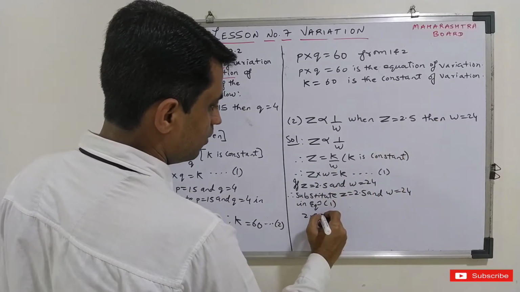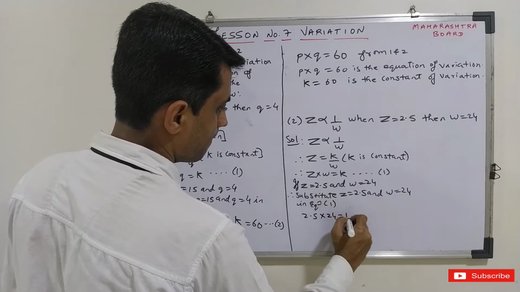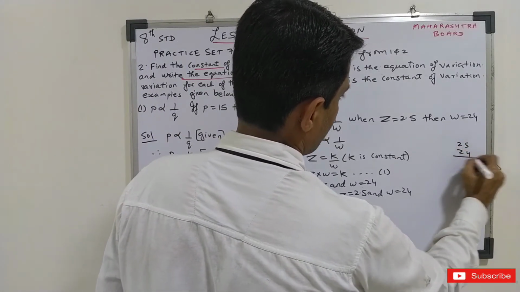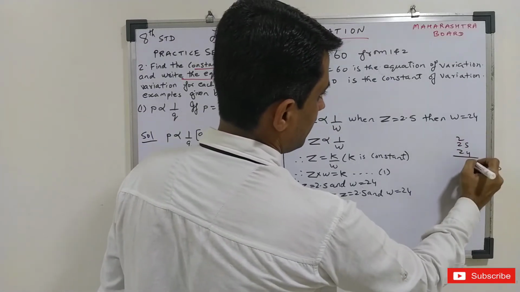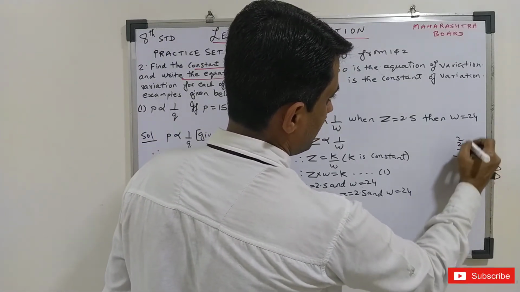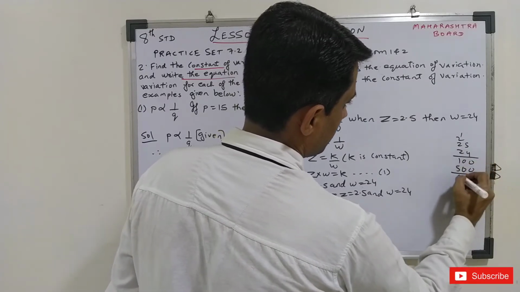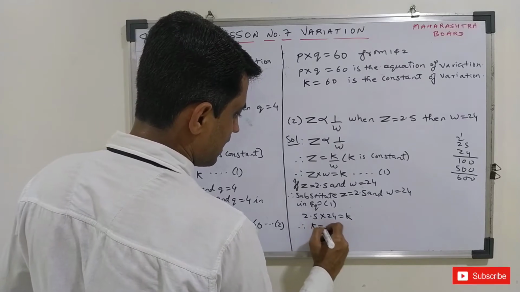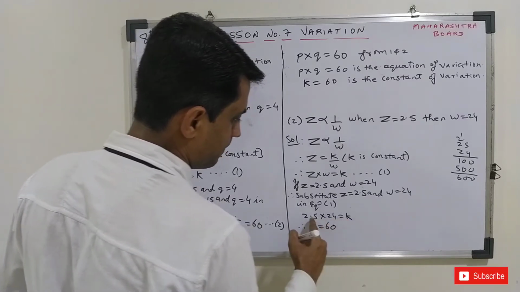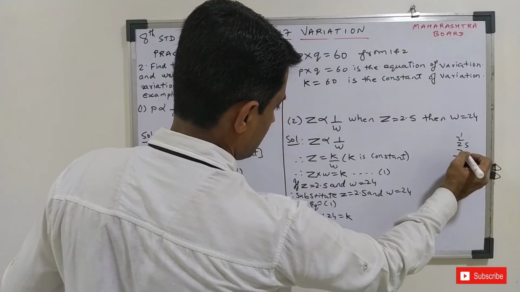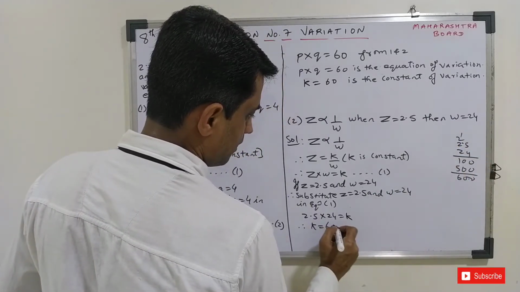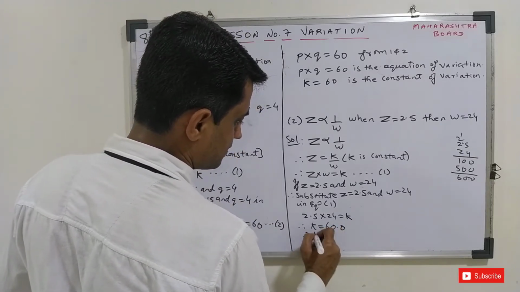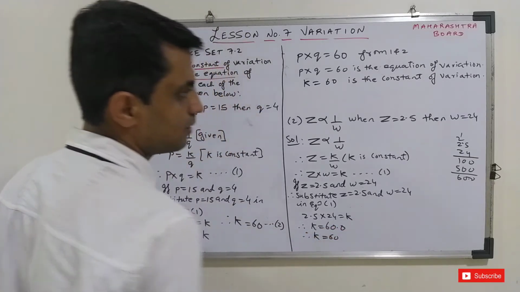And what is W? 24. Let us multiply. 5 4s are 20, 4 2s are 8, 9, 10, 0, 5 2s are 10, 2 2s are 4, 5. 600. So we got K as 600, but the point is also there. Yes or no? Here the point is there. So 60.0, it means K is equal to 60.